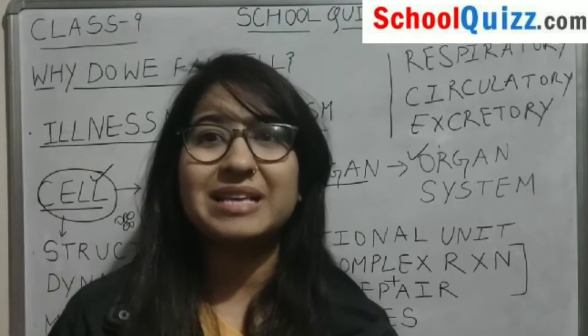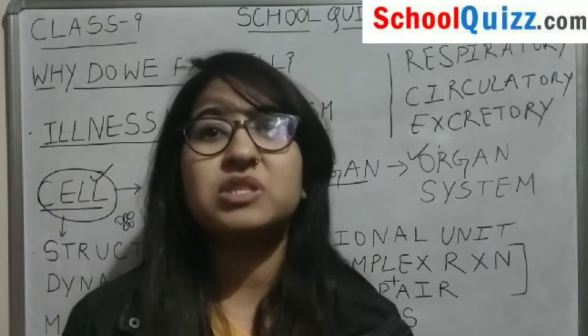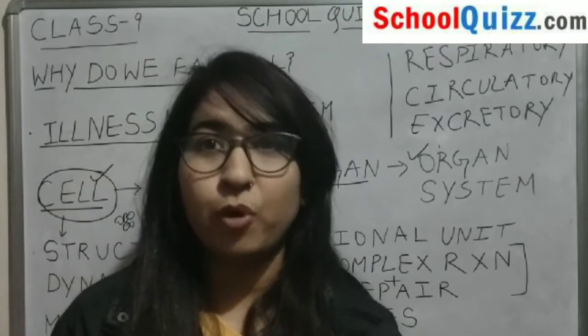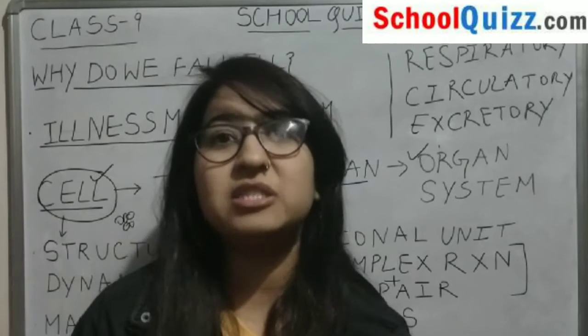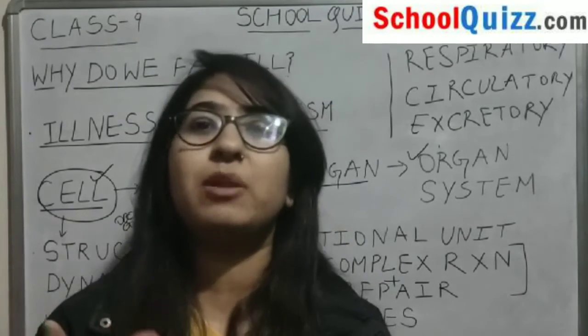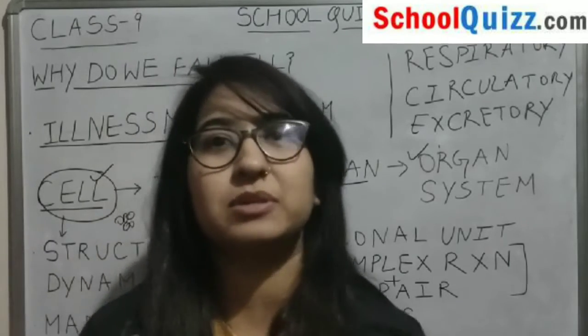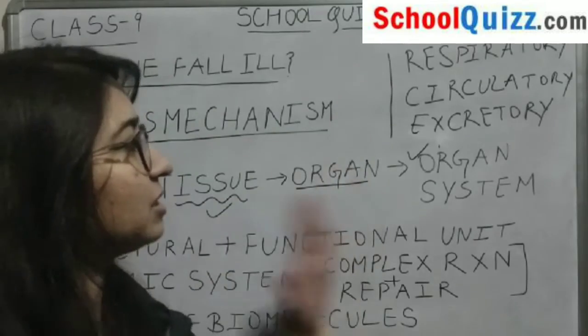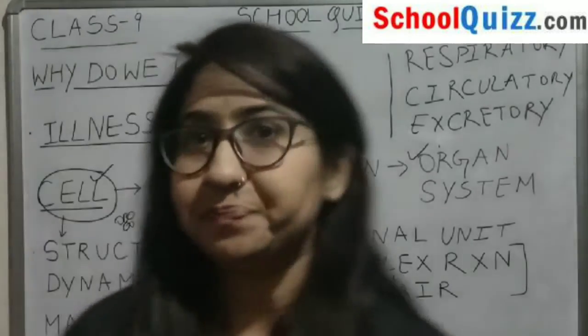They basically work as a filter for our body. Suppose we took some food, so all of the important nutrients, vitamins, proteins will be absorbed, and the waste material will be removed by the kidneys by the process of the excretory system. So in that way all of these systems are there in our body.